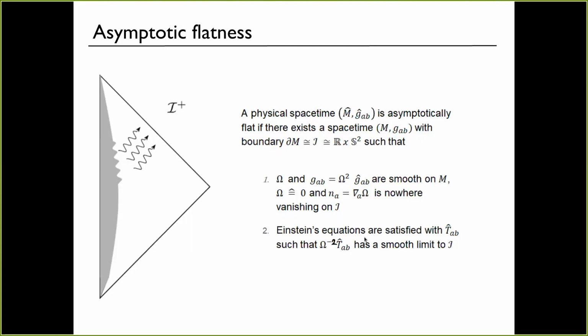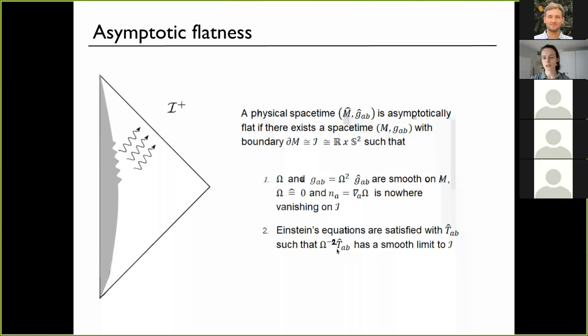We want to model these things that become asymptotically flat. So as you can imagine, that means that your matter field should decay at an appropriate rate as you approach scri. And it turns out that the right factor to choose here is omega to the power -2. T hat AB has to have a smooth limit to scri. So this really ensures that your spacetime is asymptotically flat.